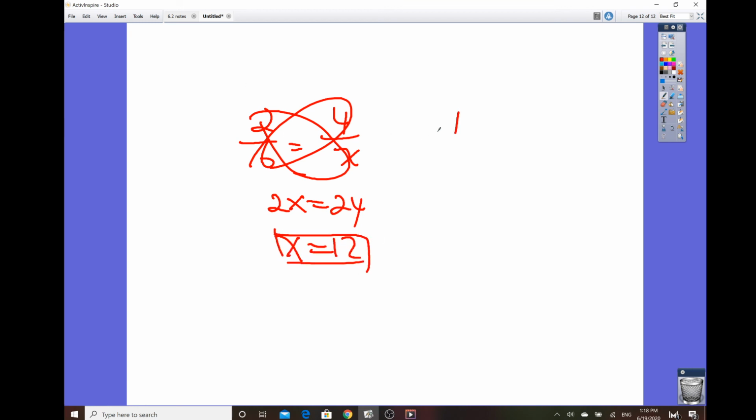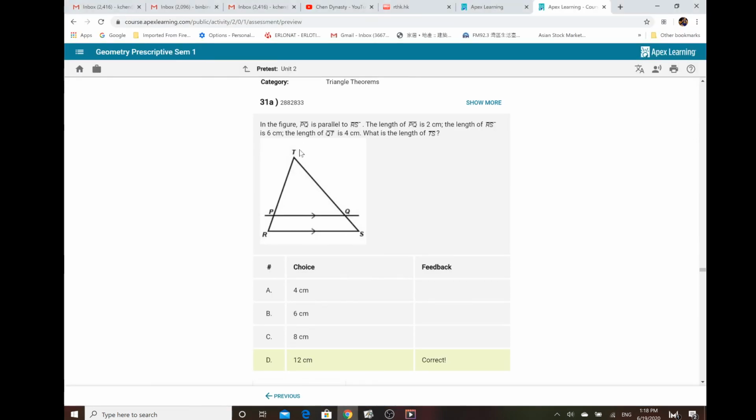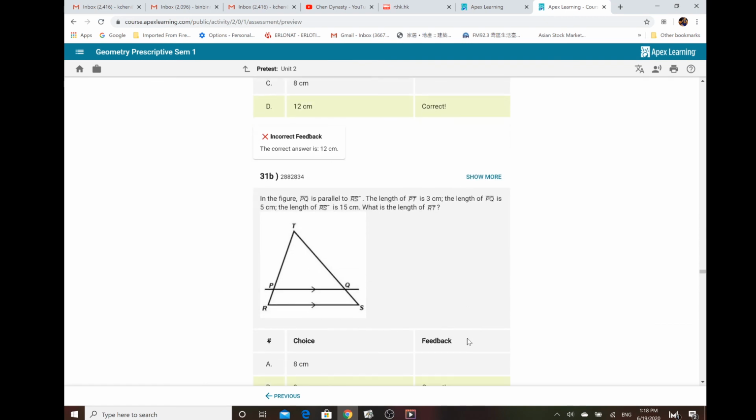Or we can simply reduce it first before we cross multiply. Same thing. Again, it's all about the comparison of the line segments. We do have two similar triangles here, triangle TPQ versus triangle TRS.